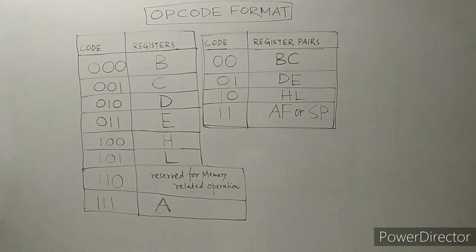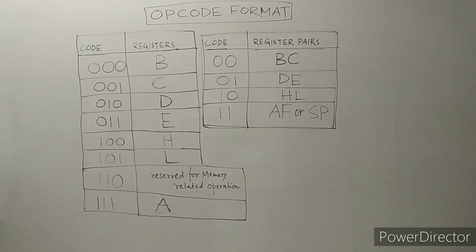For each and every corresponding code, different registers are selected, and there are also some register pairs selected. If you are using 10, then obviously the manufacturer will select the HL pair. If the code is 00, automatically BC will be chosen.